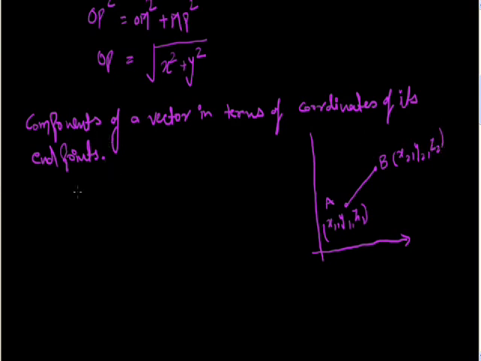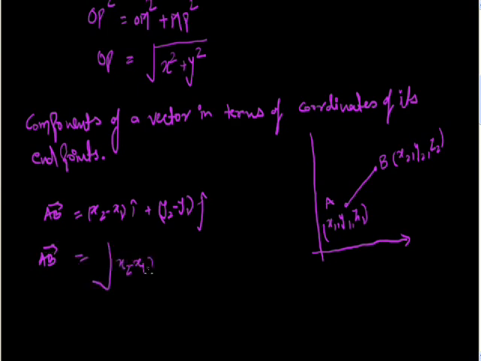So now the position vector AB is (x2 minus x1) i cap plus (y2 minus y1) j cap. Now the magnitude of the AB vector is the square root of (x2 minus x1) whole square plus (y2 minus y1) whole square.